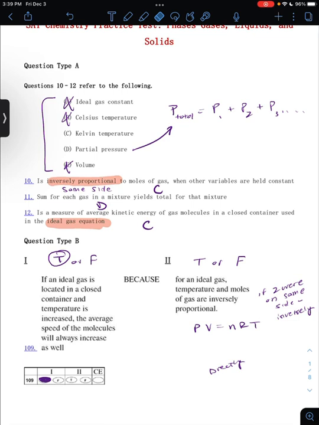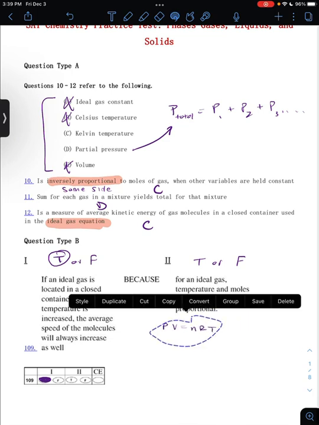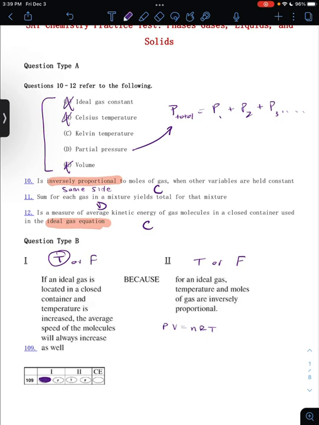Okay, so let's say, again, I'll write out another example of that, just how we did in the first part of the question. So we have, this is 1 and this is 2. So if we have 1 equals 1 equals 1, temperature and moles are inversely proportional.